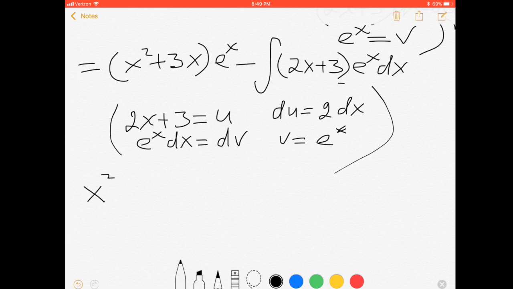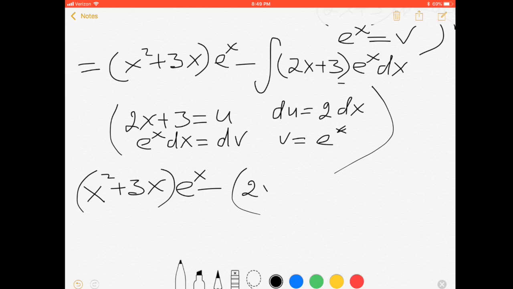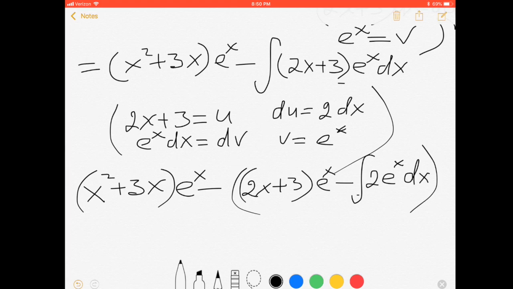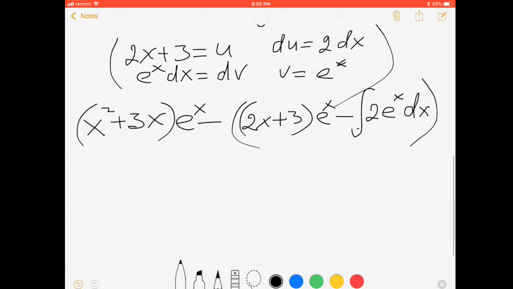We have x squared plus 3x times e exponent x minus, and I'll be sure to keep the parentheses so I don't make a mistake with the sign, uv, which is 2x plus 3 times e exponent x, minus the integral of v du, this means minus twice e exponent x dx. Bingo! We're almost done.